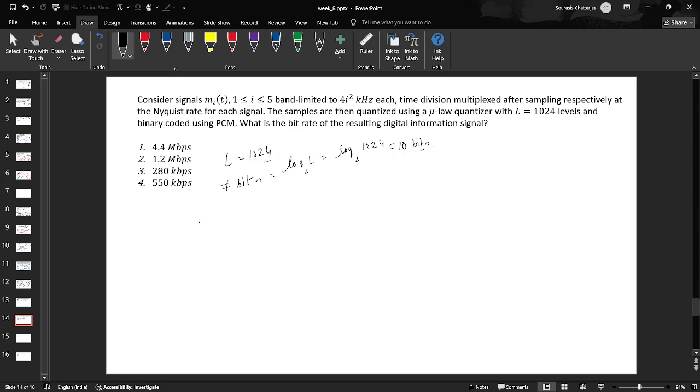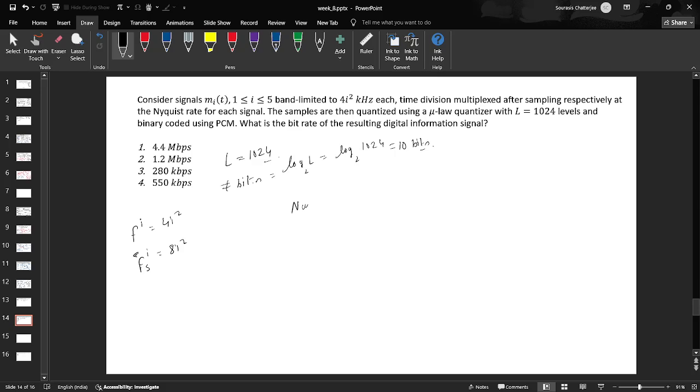If the ith signal is band limited to 4 i squared kilohertz, then your sampling frequency fsi is going to be 8 i squared, and with time division multiplexing, basically you need to sum them up.